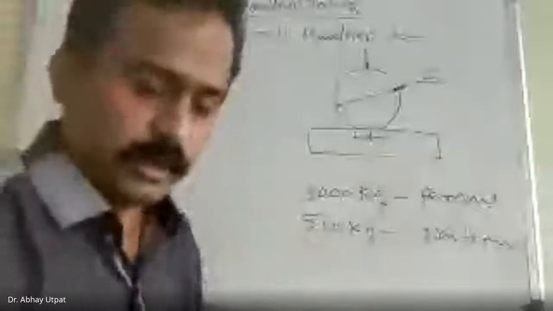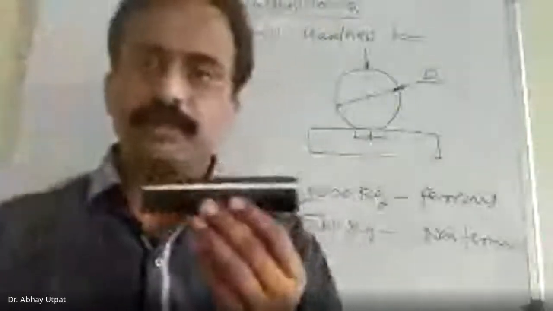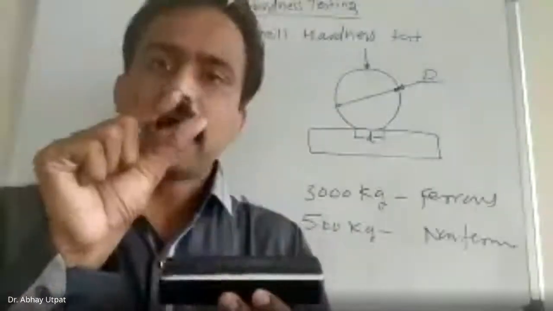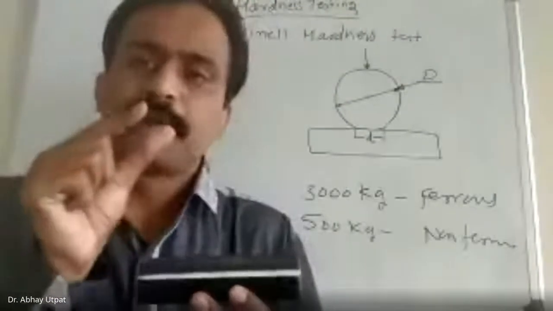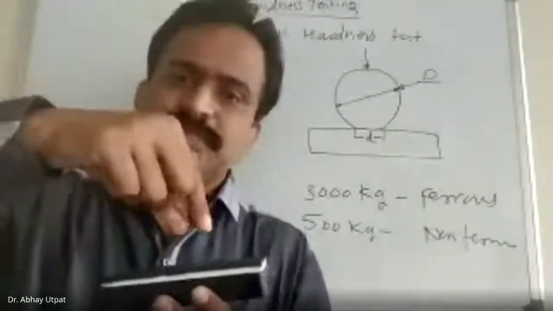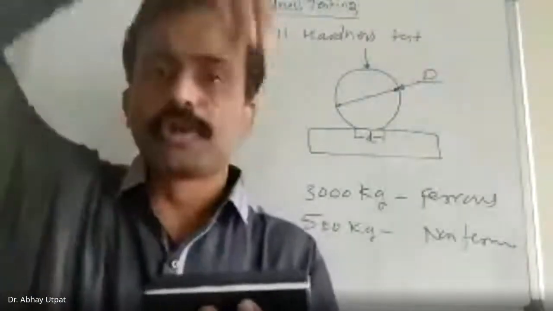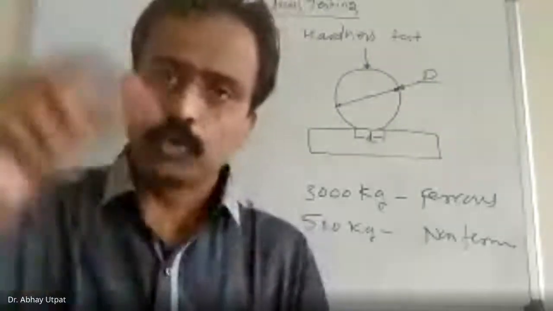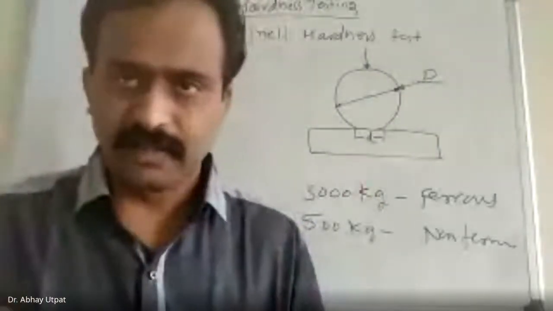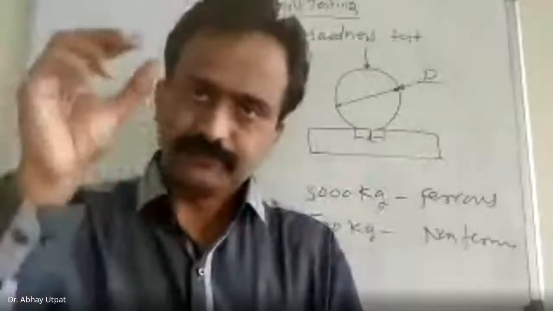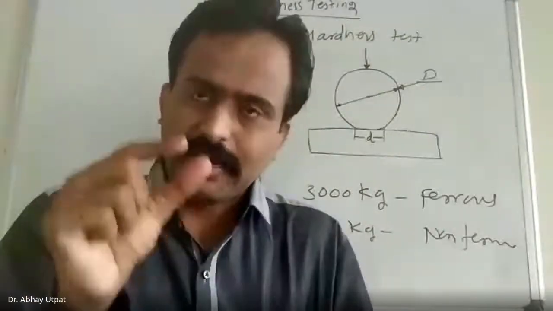Now, simple logic. This is the component. Now, there is a hard ball of 10 mm diameter. The ball is not single; the ball is having a holder. So holder and ball together are called an indenter. I repeat once again: holder and ball together are called the indenter.